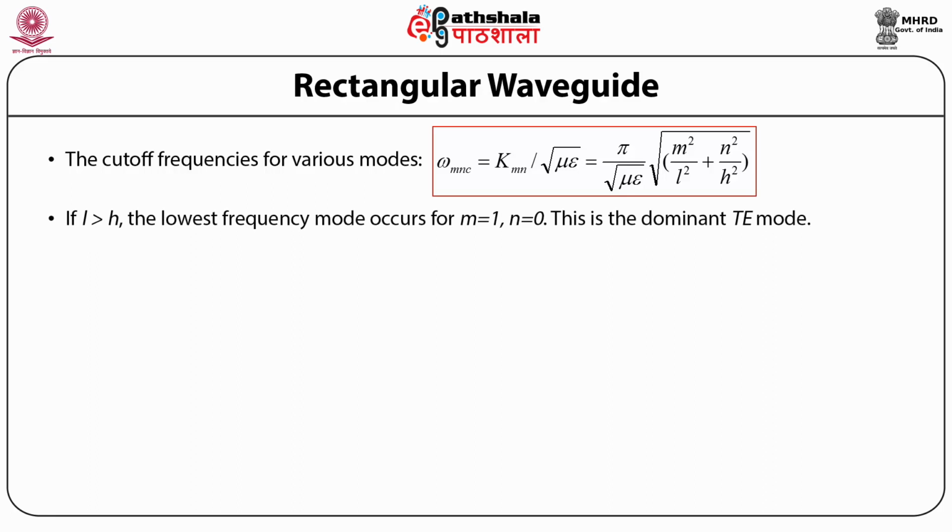So if L is greater than h, then the lowest frequency mode that can occur for a rectangular waveguide is given for m equal to 1 and n equal to 0.